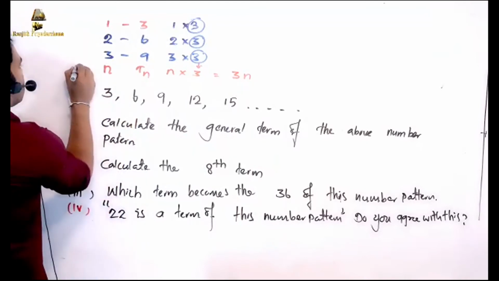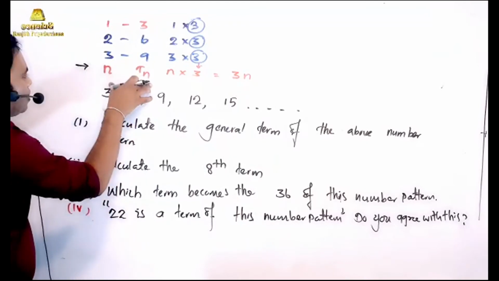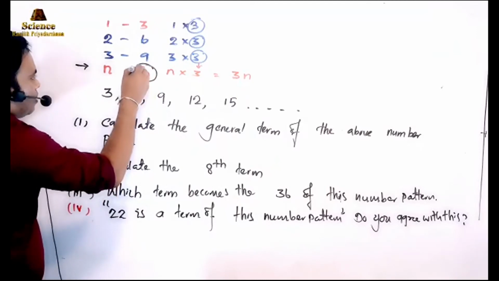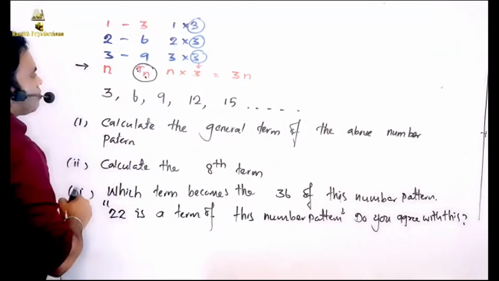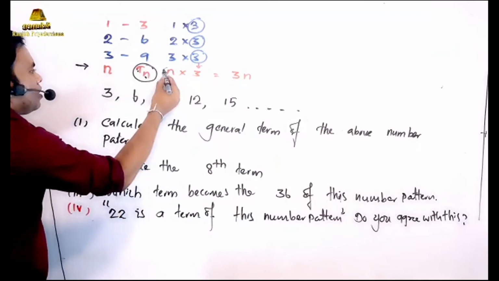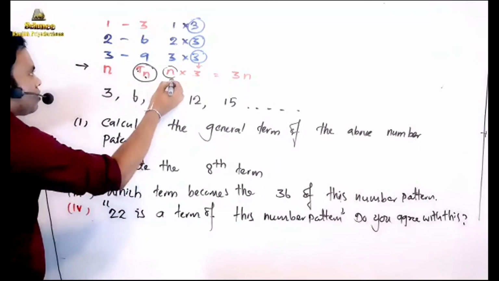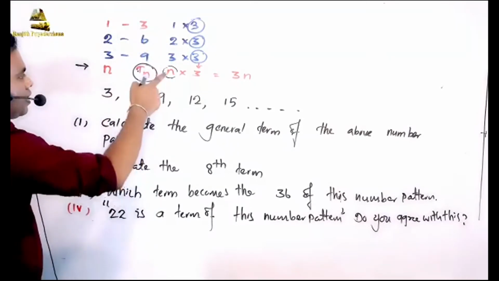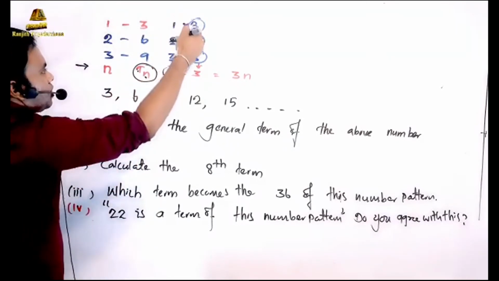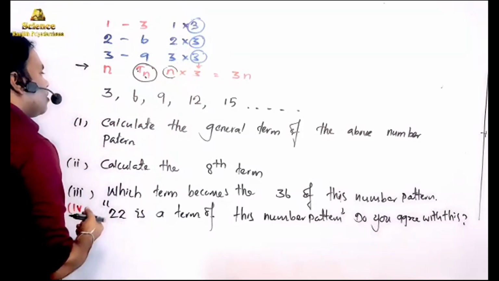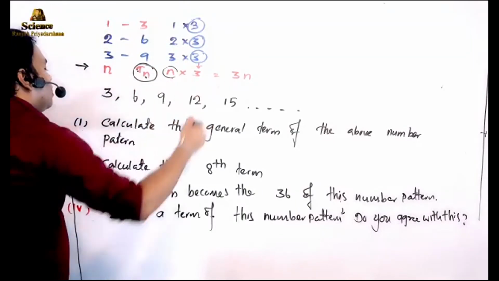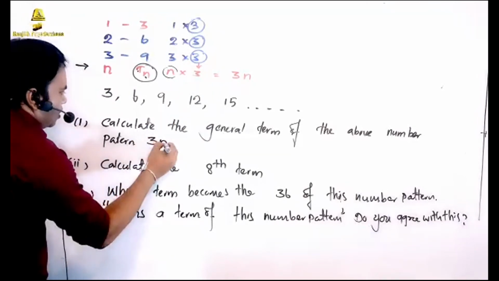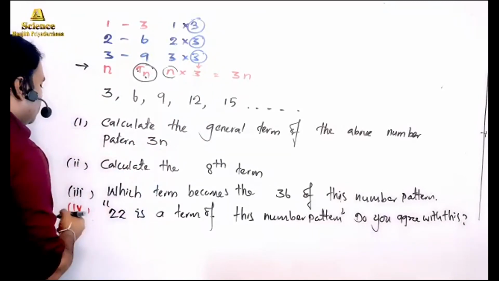Always try to write it like this, then you can understand it. The first term, second term, third term, fourth, fifth, and nth term: it always becomes 3 times n, 3n. Yes, the answer is 3n.